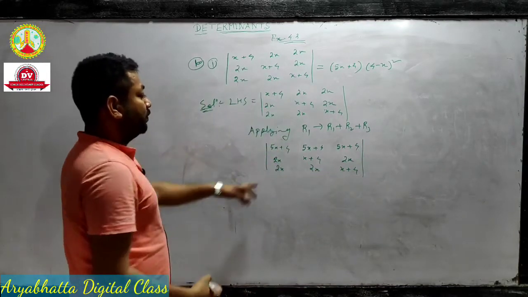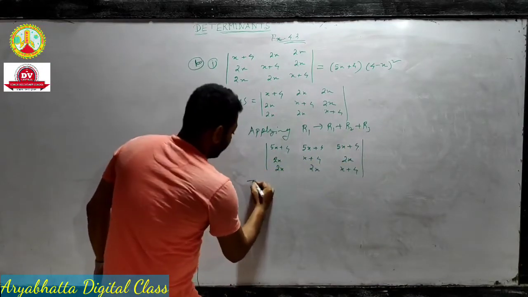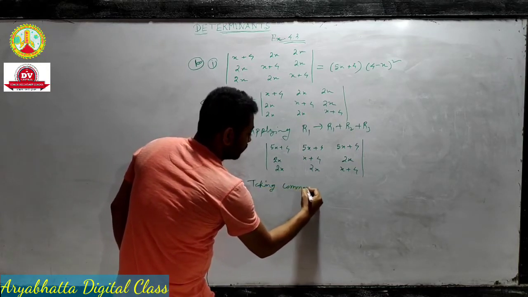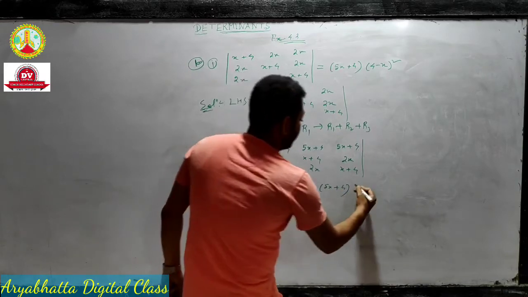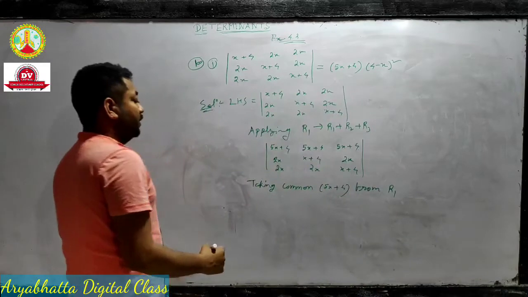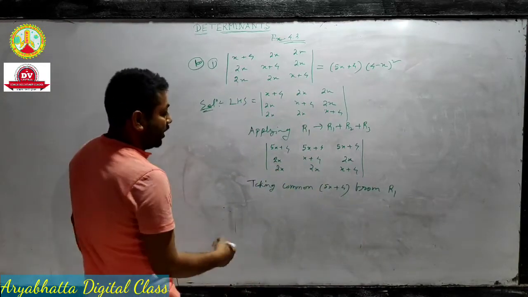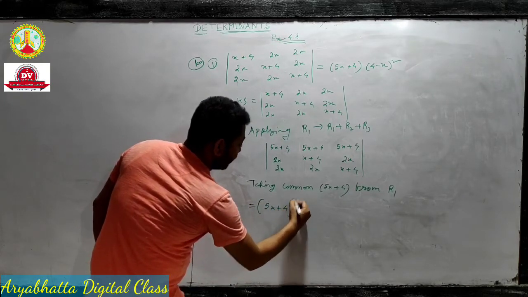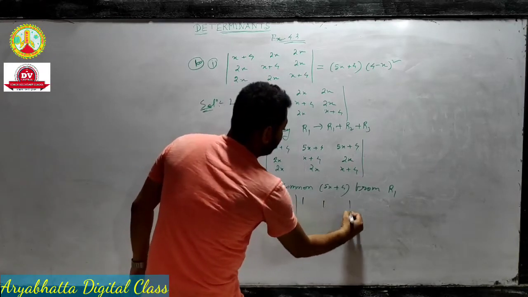Next, taking common 5x plus 4 from the first row R1. Taking common 5x plus 4 from the first row, then we have 5x plus 4 into determinant 1, 1, 1.